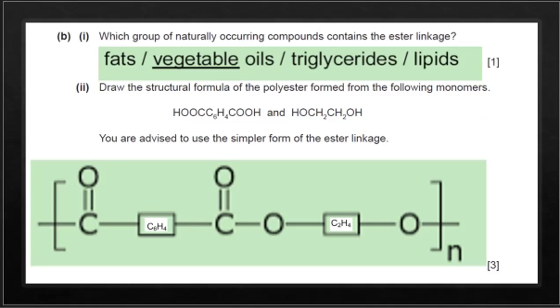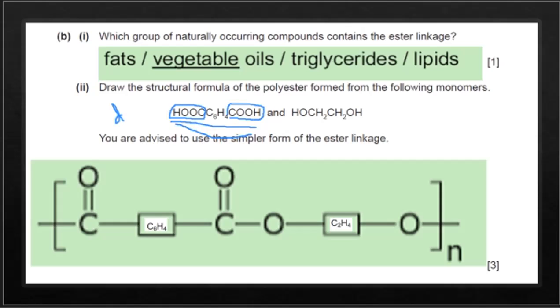So, draw the structural formula of the polyester formed from the following monomers. Now, if you look at it closely, at first it's going to look as if it is Greek. But if you take a closer look at it, you realize that it's not. There's a C double bond OOH here, which means it's a carboxylic acid. And there's also C double bond OOH here.